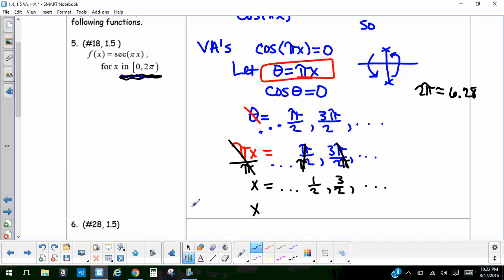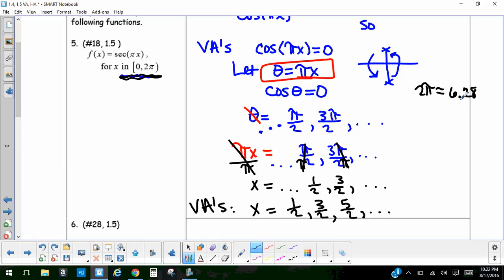I am going to say that I have VAs whenever x is equal to 1/2, 3/2, 5/2 would be the next one. If you have 3 things in a row making a sequence like that, you can just put a dot, dot, dot in the middle to continue the pattern. But you've got to tell us where that pattern stops. So 1, 3, 5, 7, 9, 11, 13, and so on. When do you get to be too big?